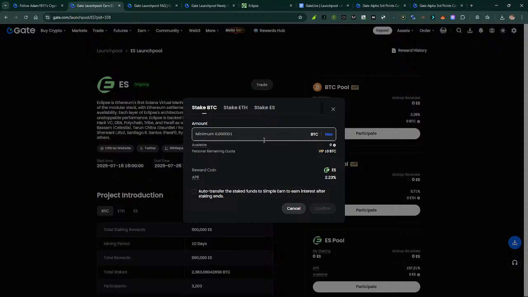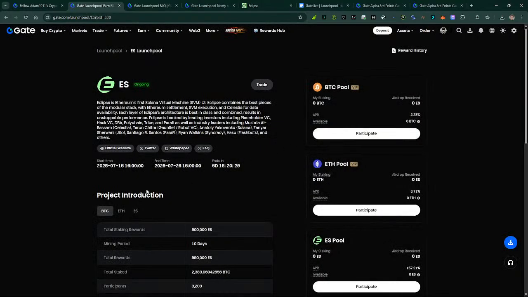So there is nothing wrong, and if you are lending, definitely you will get benefits. That's how this works. But if you don't want this option, just uncheck it, and if you don't have enough time, just check this option and then click confirm. So that's it, and let's go to the next pool.